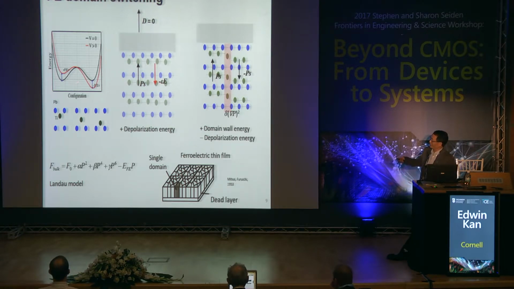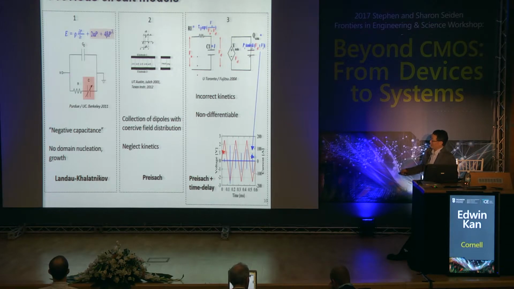This is a static curve, and we know that this is caused by nucleation and domain switching. But how they really switch from one state to the other in the transient is problematic. All the previous models have problems being implemented in a SPICE-like simulator so that you can design your hybrid ferroelectric CMOS circuits.